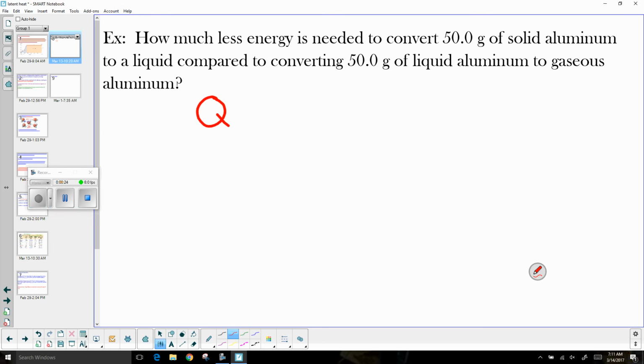The first time I'm going from a solid to a liquid, and the latent heat for this one is going to be the latent heat of fusion. The second one I'm going to use is going from a liquid to a gas, and here it's going to be the latent heat of vaporization.